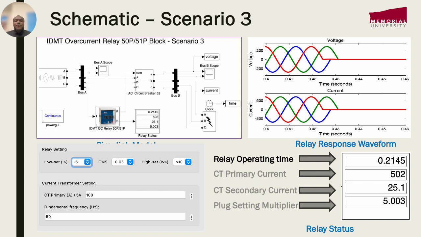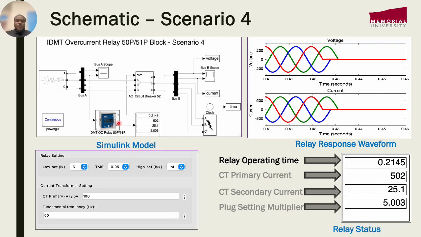Now, scenario 4 tells us a different story. When we go to scenario 4, we kept the low setting and the TMS, but we increased the highest current setting to the maximum, to infinity, and we realized that the relay response didn't change.